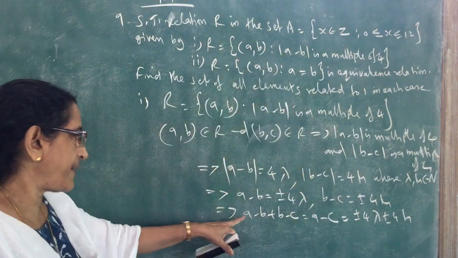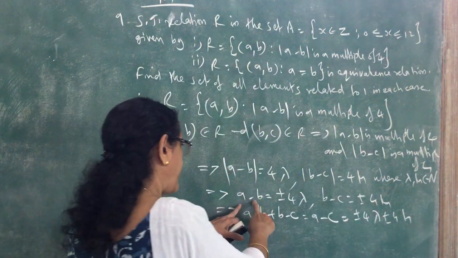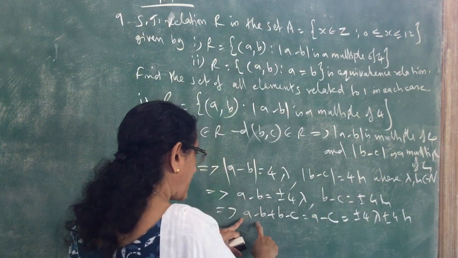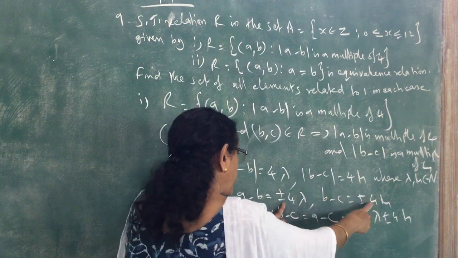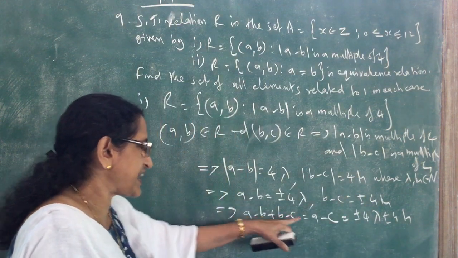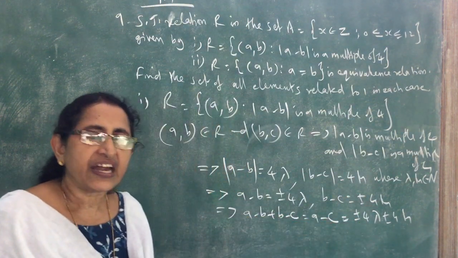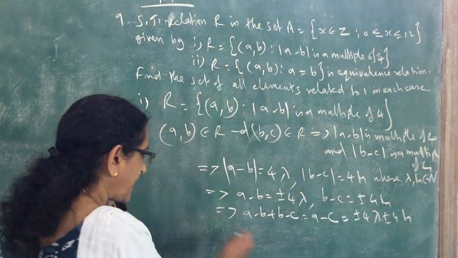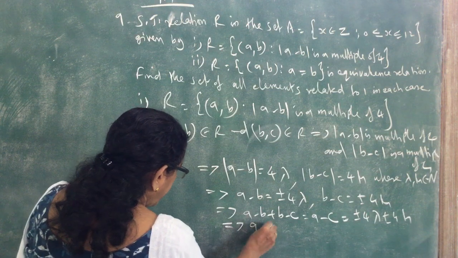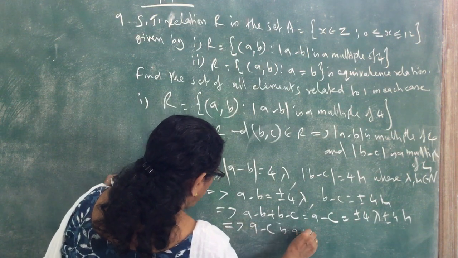From this, we get a minus c is a multiple of 4.